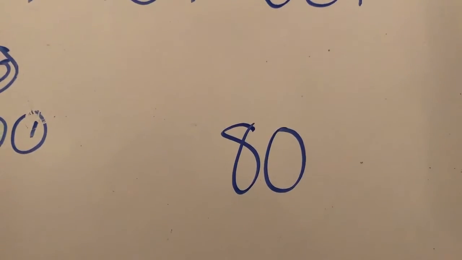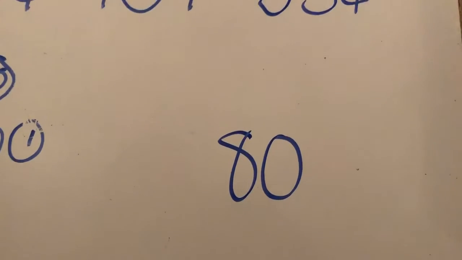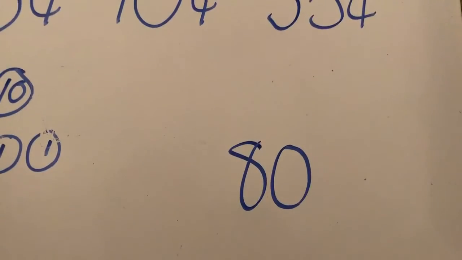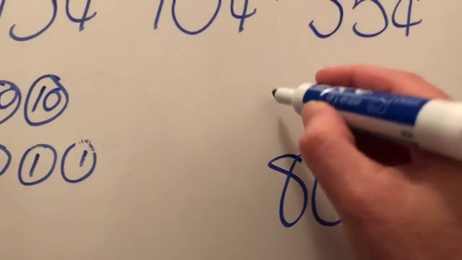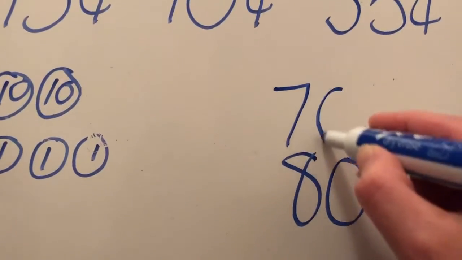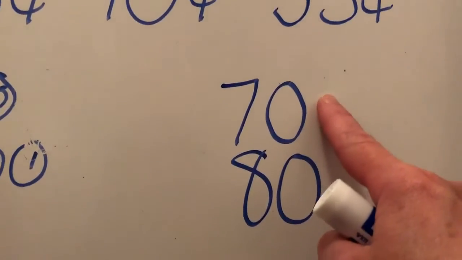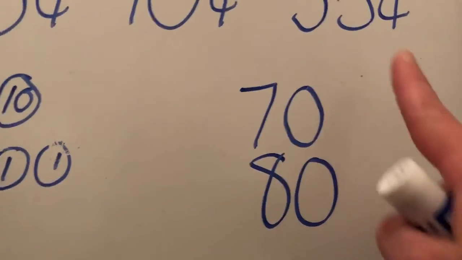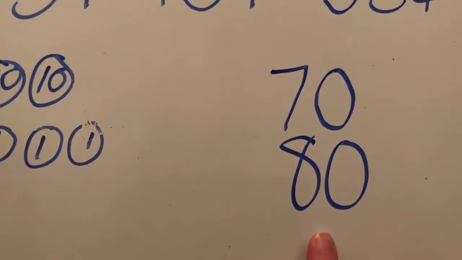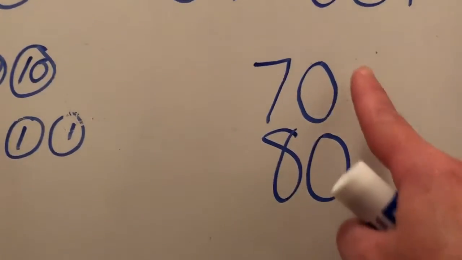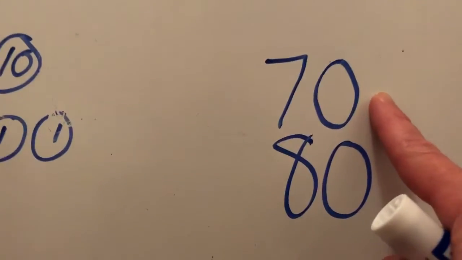I'll give you a second to find it. Most of you know that you are going to point to the number that is above 80, right? Because 10 less than 80 is 70.